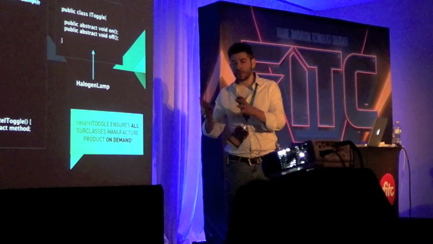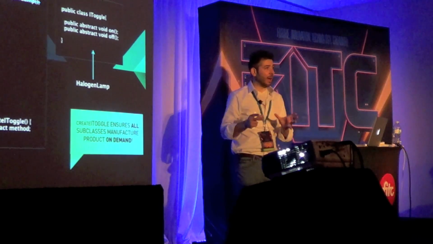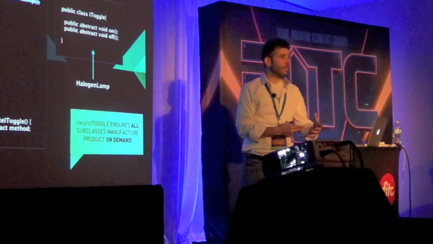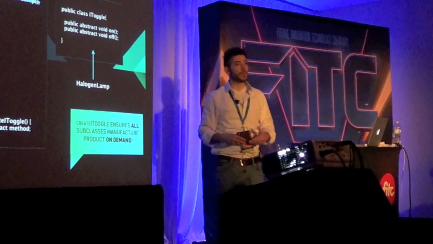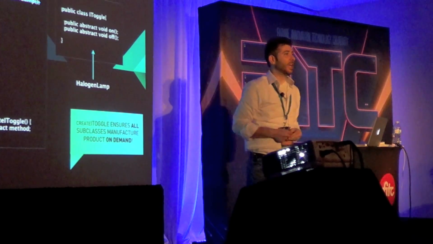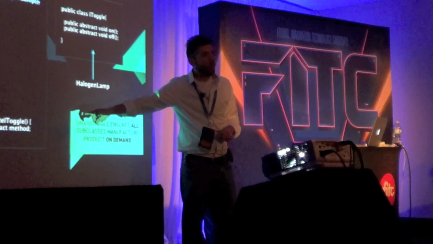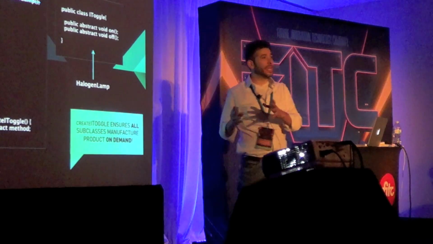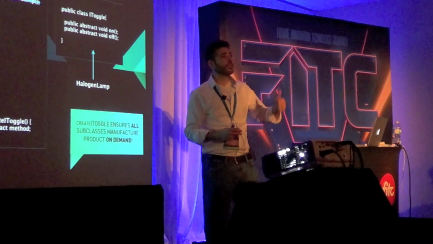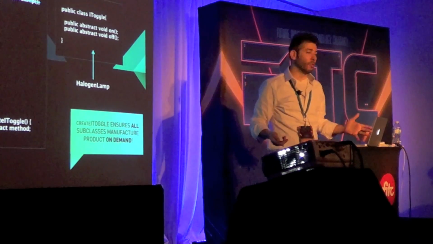Now, calling or invoking this method will be the equivalent of instantiating the appropriate application requirement and returning it back to whoever is the caller. Because this method is concerned with the creation of an object and the supplying of an object, it is called a factory method. You can always spot a factory method within code because the method name will always be prefixed by one of two words, create or make. In this case, I chose createToggle.